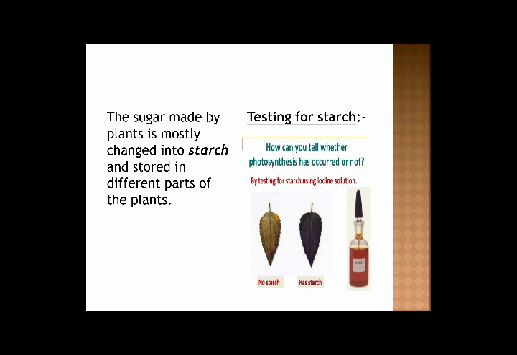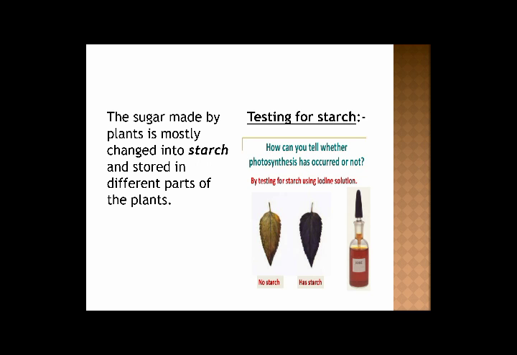This sugar can be stored in the form of starch in roots, in stem, in leaves, everywhere. Now, how can we get to know whether starch is present in a plant or not?